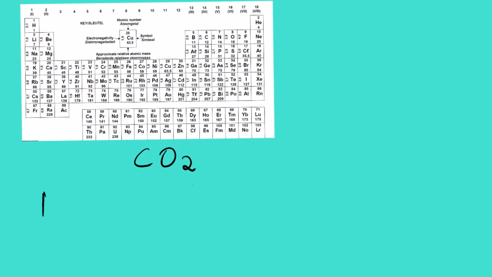Now the molar mass of CO2 is equal to, how many atoms of carbon do we have? We only have one. We open the bracket, plus how many atoms of oxygen? We have 2. Open the brackets. So what we are saying is the sum of the elements which make up this compound. So let us locate carbon.